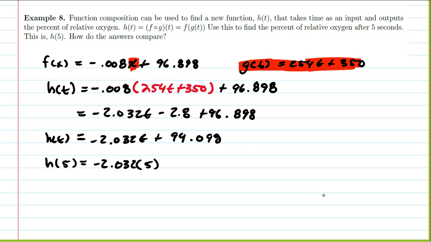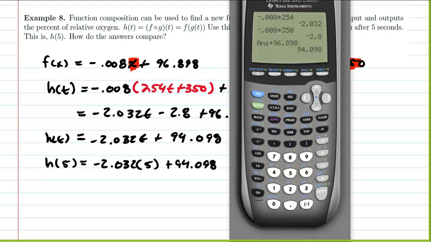And if we calculate h of 5 now, we'd have negative 2.032 times 5 plus 94.098, and we get 83.983.